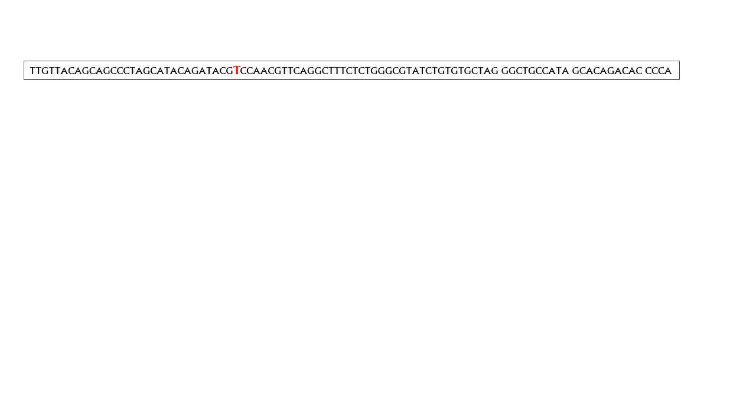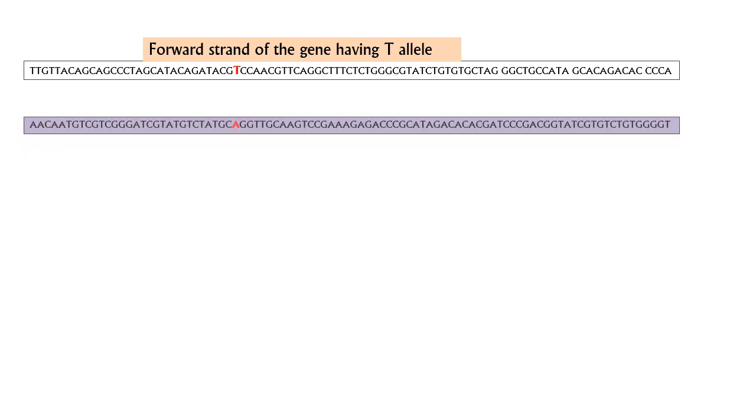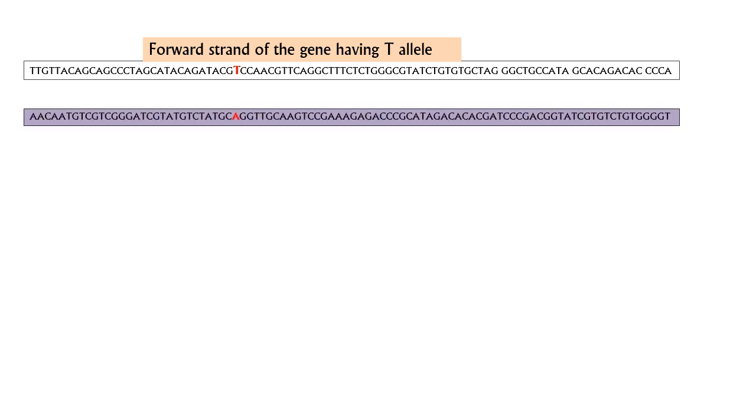Now let us see further in detail. This is a DNA sequence having a T nucleotide at a certain point. This is the forward strand of the gene of an individual having the T allele highlighted in red. This is the other strand of that individual.